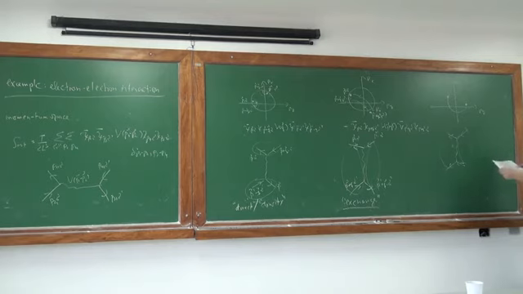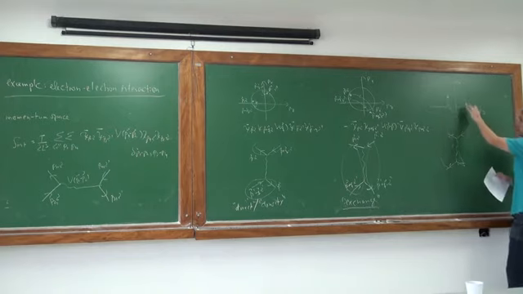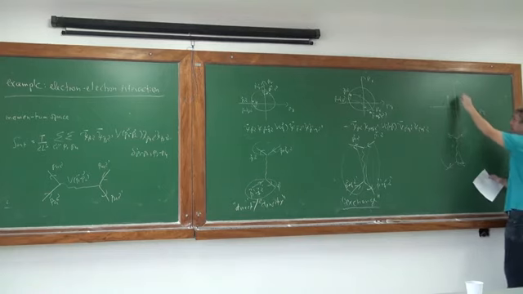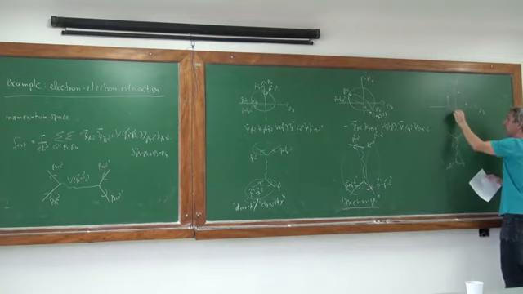So what this means again, if you take two momenta which are opposite on the Fermi surface, they can scatter into any other two opposite.